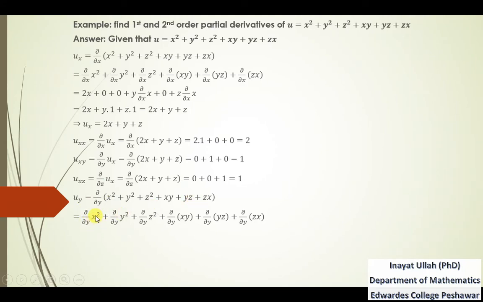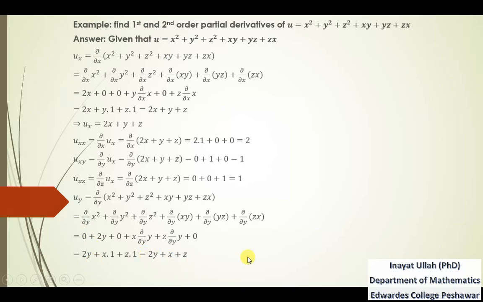The partial derivative of x square with respect to y is 0, the partial derivative of y square with respect to y is 2y, the partial derivative of z square with respect to y is 0, and for the product of x and y, x is constant right here, z is constant, so write it outside this derivative, and there is no y, so the derivative of zx with respect to y is 0. Now in the other step, that is 2y, the derivative of y is 1, so x into 1, z into 1, so there is 2y plus x plus z, the partial derivative of u with respect to y.